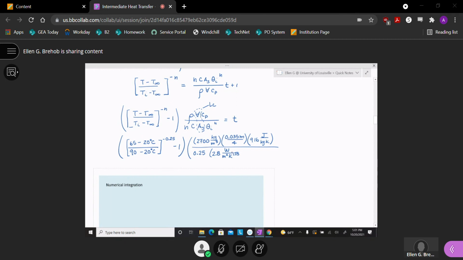Okay, so the units for C are a little bit unusual, but then I have this temperature difference, and it's raised to 0.25.